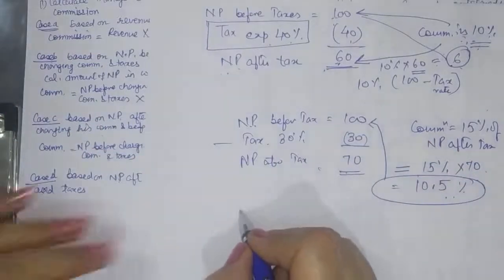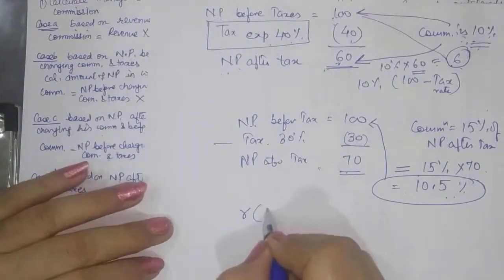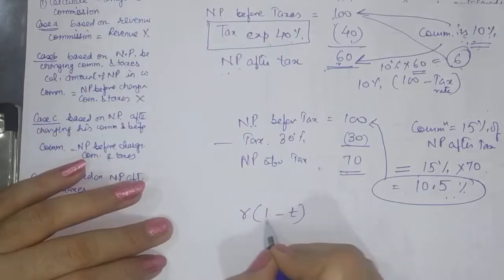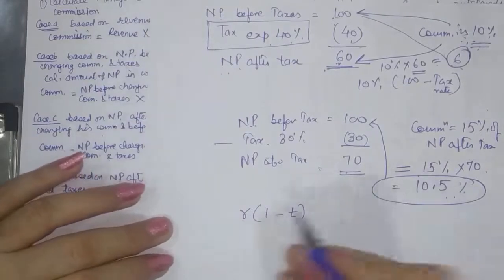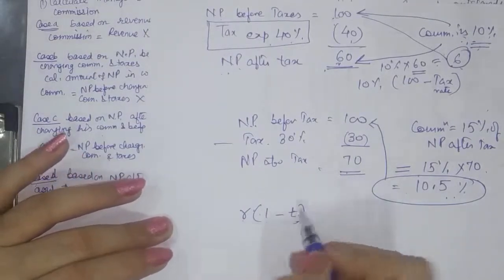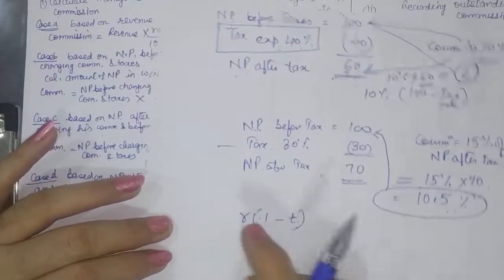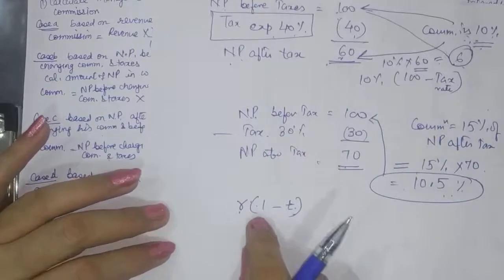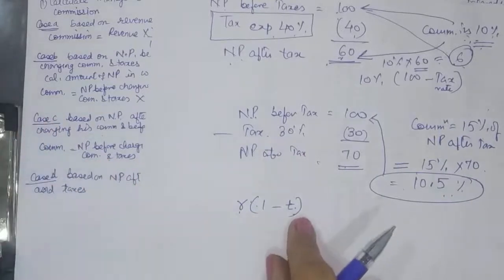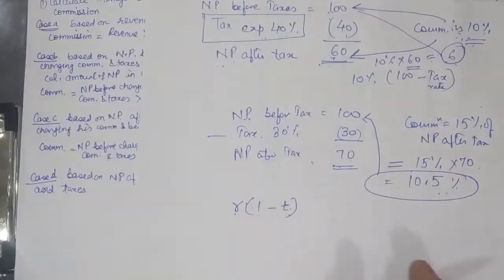That means the rate of commission is now changed to rate into (1 minus T), because this is your profit after tax. So the rate without tax was R, but the rate after tax is going to be R into (1 minus T), because if your tax rate is 40%, then commission is payable on 60% of the profit.